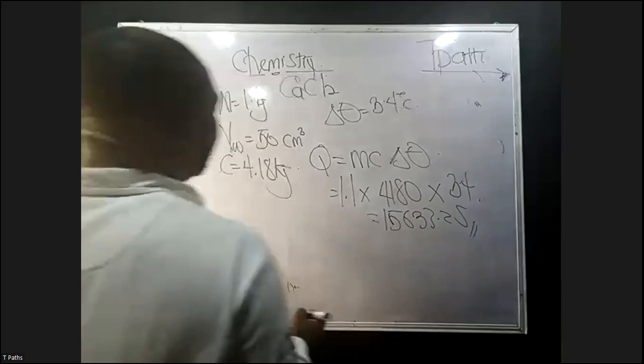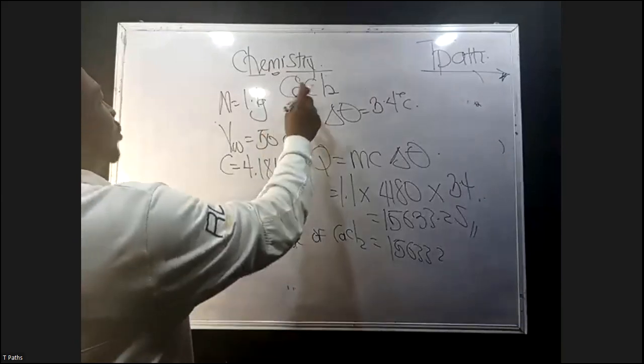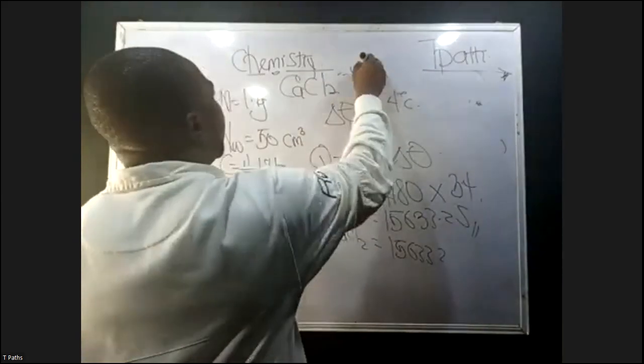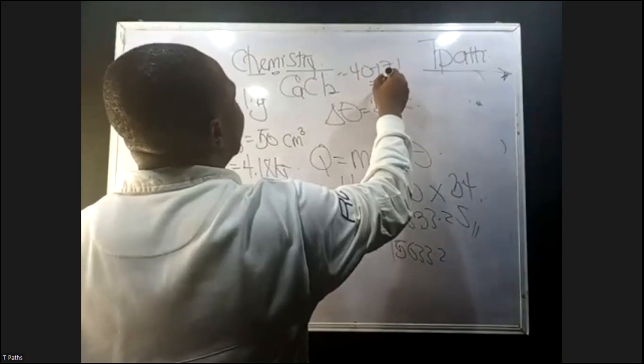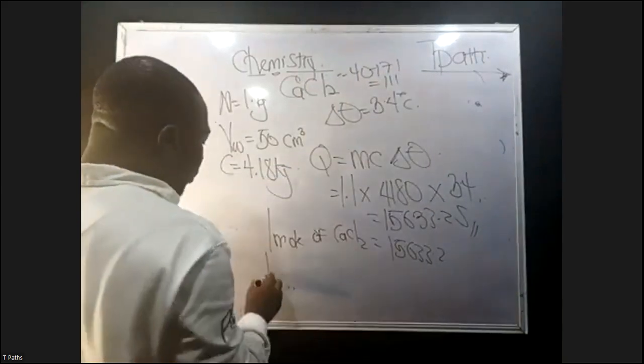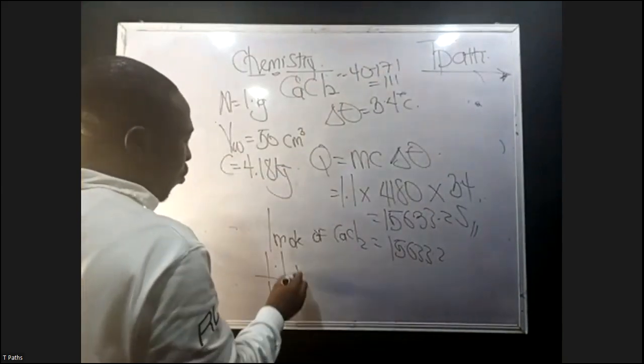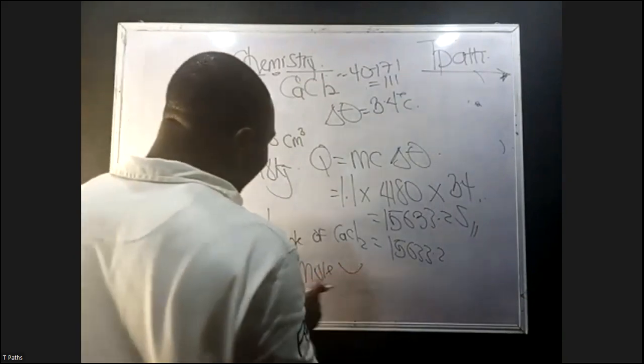So now, 1 mole of CaCl2 is what? CaCl2 is 40 plus 71, that is 111. So 1.1 over 111 mole. I want to get the number of moles.